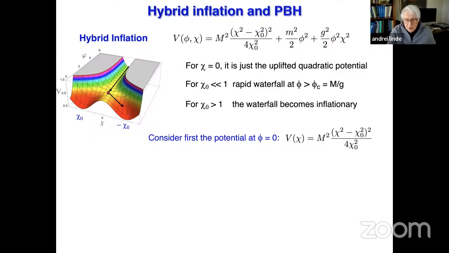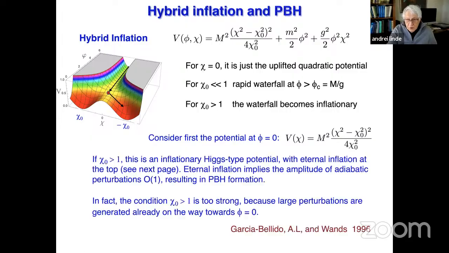So the Higgs potential at phi equal to 0 is shown, and what I will explicitly show on the next page, if chi 0 is greater than 1, then it is an inflationary Higgs potential. So if you start at chi equal to 0, you do not immediately fall down, but instead you fall down very, very slowly. And not only do you fall down very slowly, but also you can fall down to the right or to the left. And there are some points where the field will stay at 0.